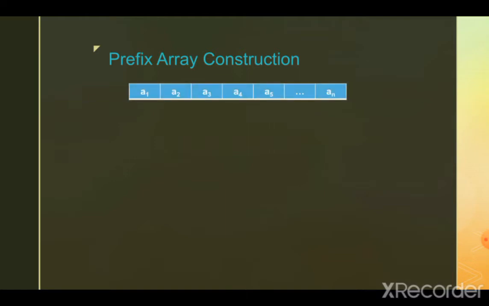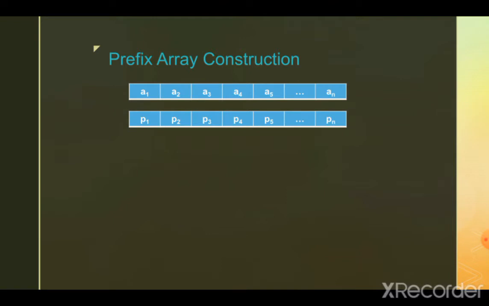Let us consider, instead of a concrete example, an abstract array of size n with elements as a1, a2, a3, a4, a5 up to an. Now for this array, let us consider this is a prefix sum array.